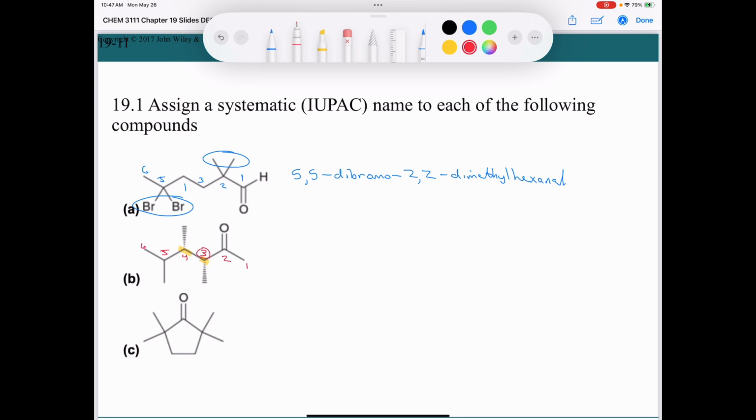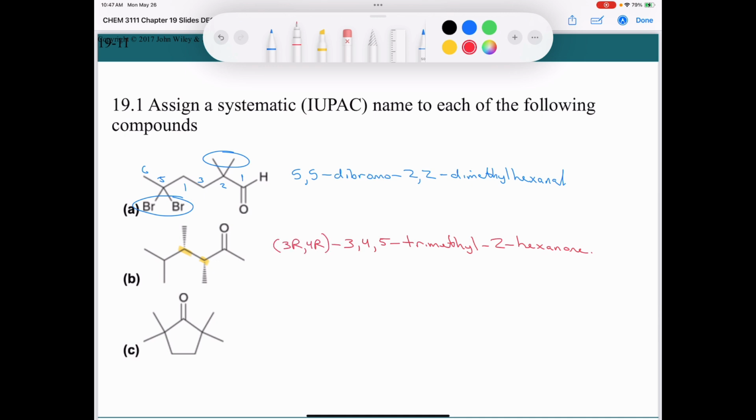So this is a 3, 4, 5 trimethyl, and it would be a 2-hexanone, or you could call it hexan-2-one. Either way is fine. And we have to include the stereochemistry at carbons 3 and 4. So like I told you, they're both R. And so we'll just put in here in brackets 3R, 4R.